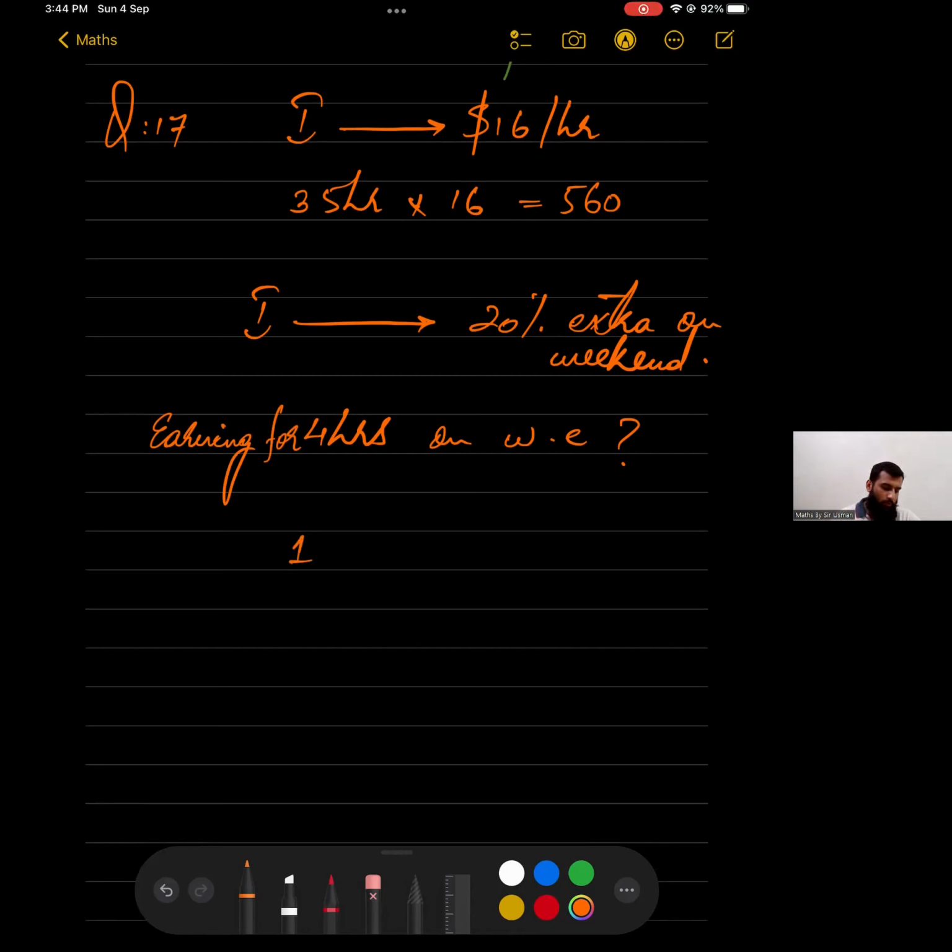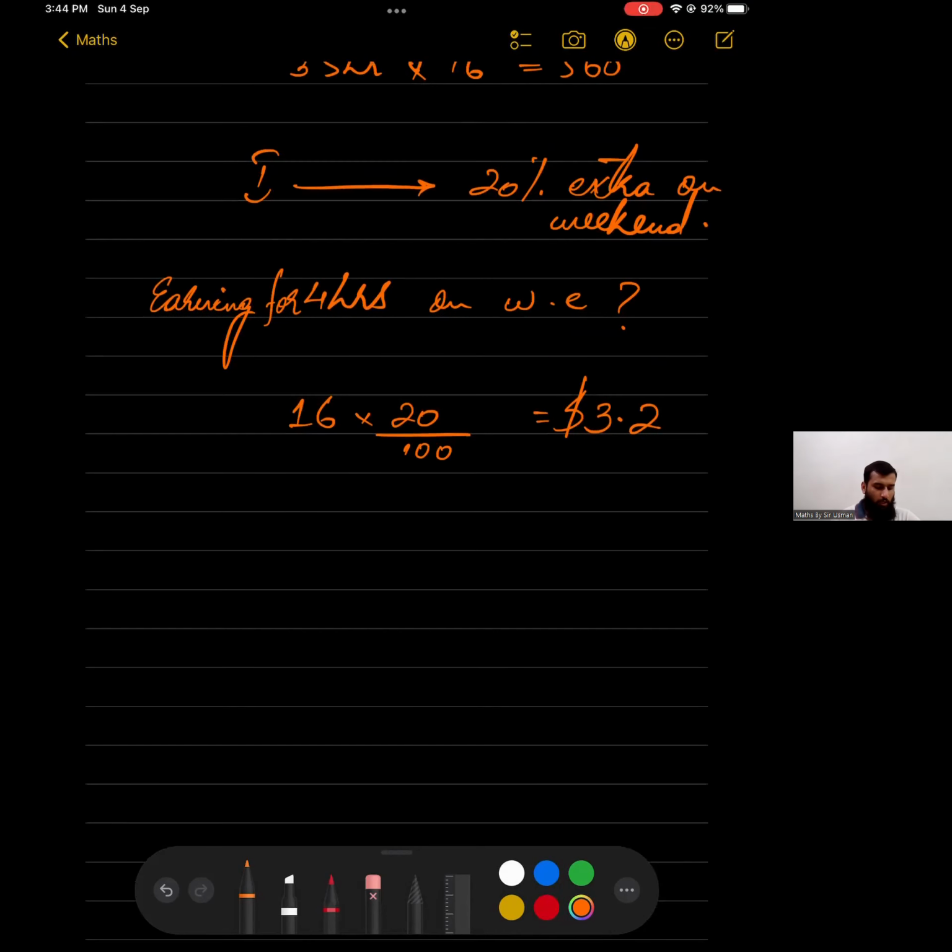Now the actual pay was 16, but he is paid 20% extra. So you figure out 20%, which is going to be 3.2. $3.2 extra is being paid. So he was actually paid 16, but now he would be paid $19.2. This is the per hour rate on weekends. We need to multiply this with 4 and we'll have our final answer. Can anyone of you tell me what is the final answer over here? 76.8.